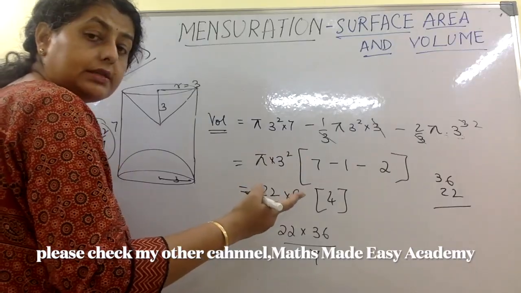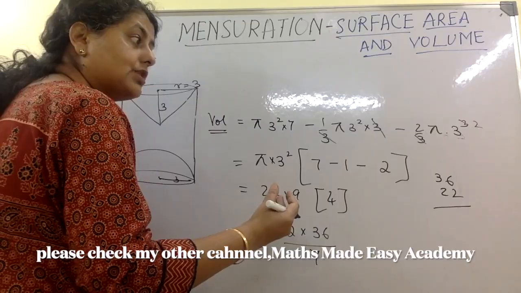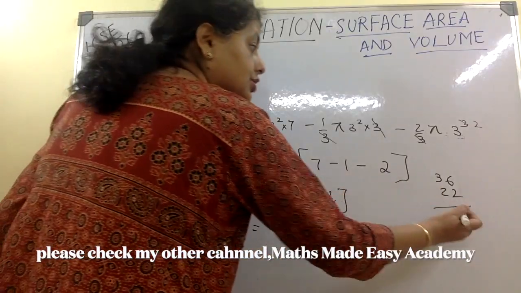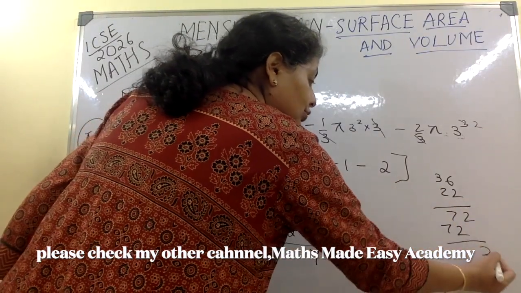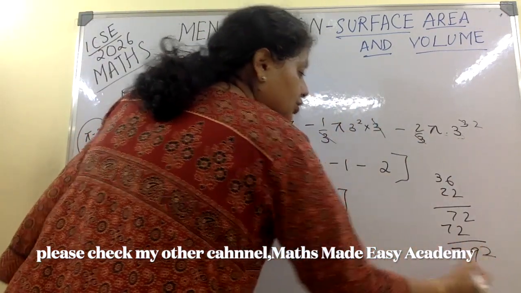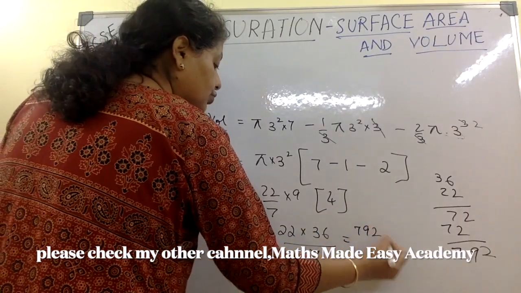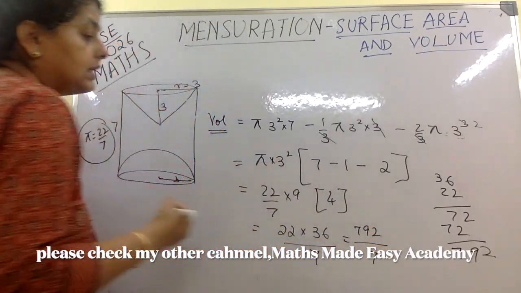Why I am saying do it like this is because at least one division goes fast, one multiplication goes faster, because it is a repeated digit. So here 72, 72, very fast you can write without thinking of mistakes. So 792. Very nicely you can write 792/7, which I can see clearly.